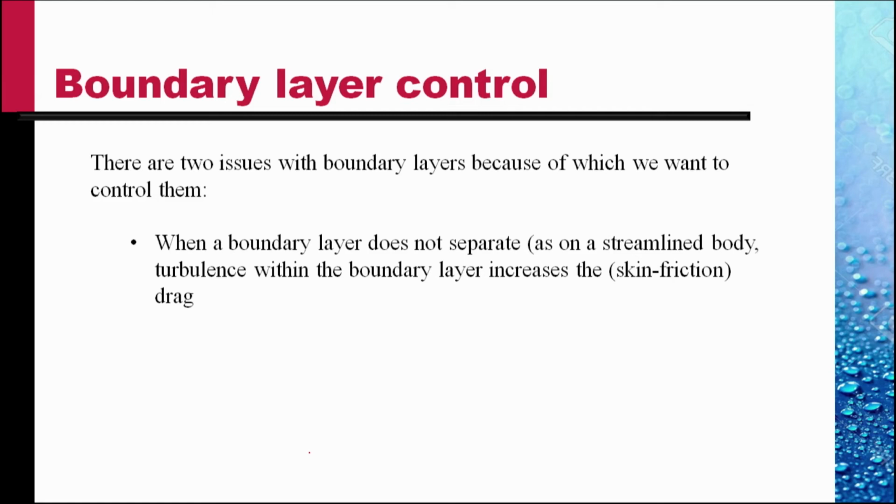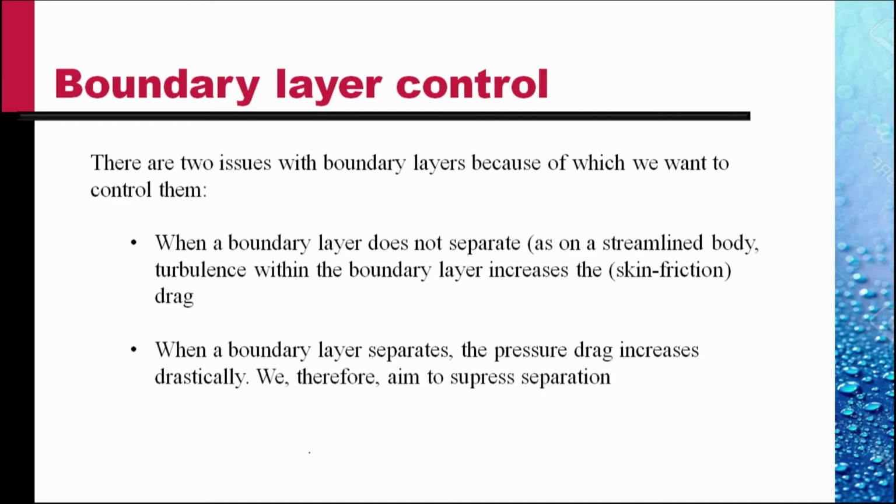We like laminar wings on aircraft to keep the flow laminar as far as possible, so that the skin friction drag, which is dominant in wings, is low. The second concern is that on bluff bodies the boundary layer separates, and pressure drag increases drastically. Therefore, we aim to suppress separation.